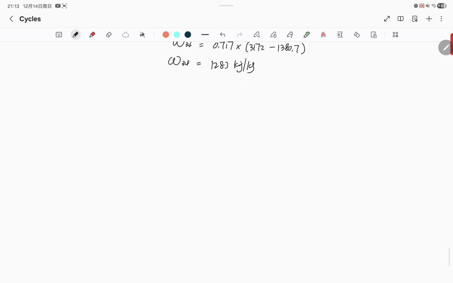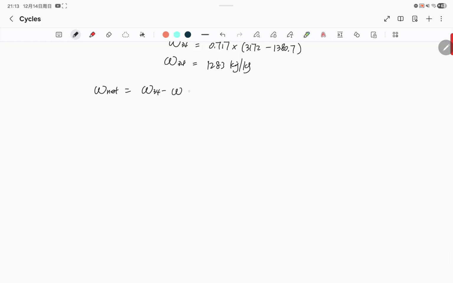Once we got work out, we can calculate work net, which is equal to work out minus work in. Pay attention, this is an absolute value.